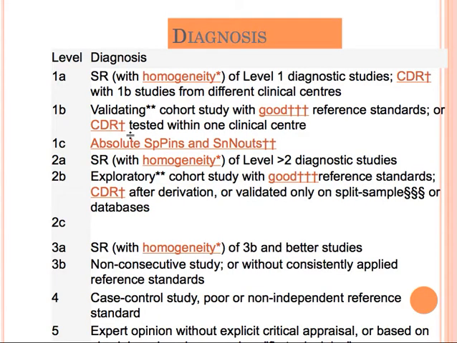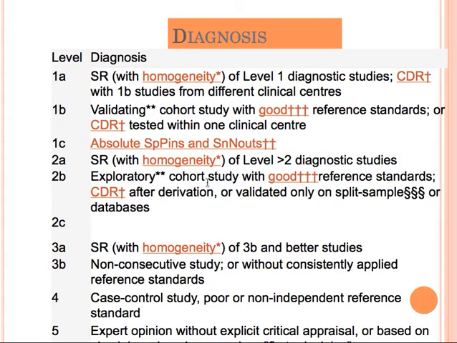This is the diagnosis column, which we'll be doing soon. And again, the same thing is true for the A's. We're going to ignore them because they're basically systematic reviews. But then for the 1B's and 2B's, we see that cohort study appears in 1, and cohort study appears again in 2.